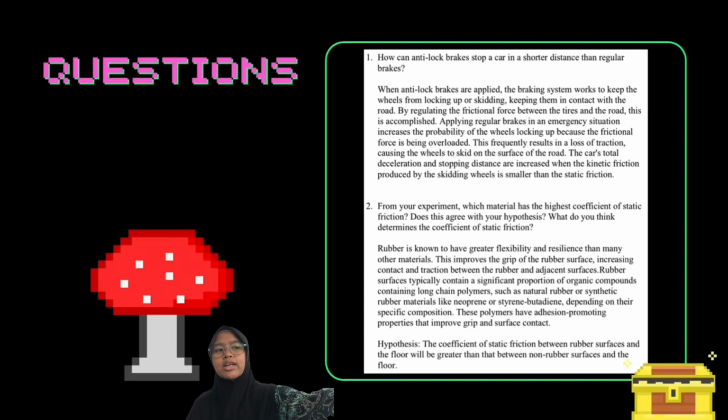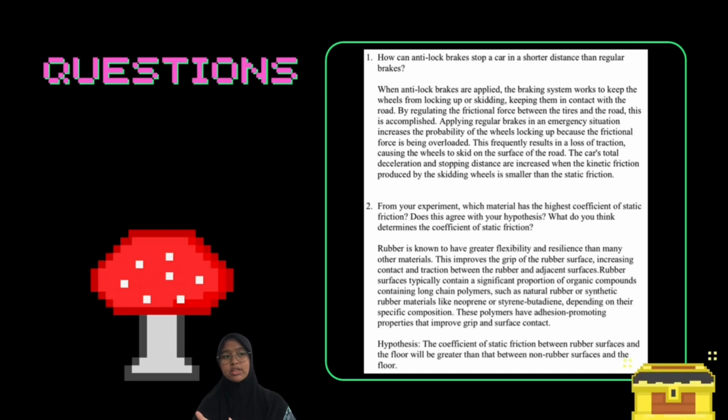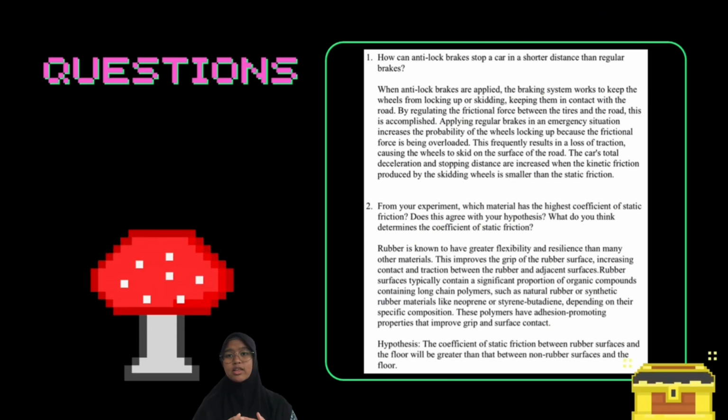So if we take a look at our hypothesis, it says the coefficient of static friction between the rubber surface and the floor will be greater than between the non-rubber surface and the floor.